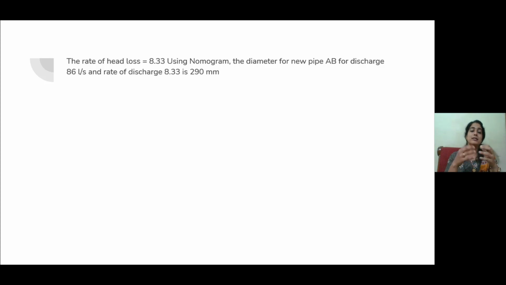Then only can we design or calculate all the discharges, pipe diameters, lengths of pipe, rate of head loss in the pipe, etc. I hope you all understood the problem and the method.